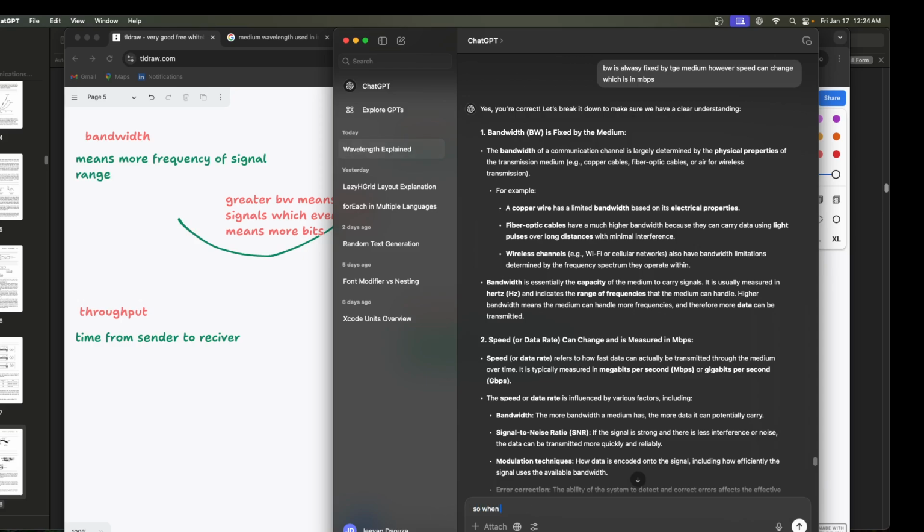So when we say slow speed, it is not a bandwidth issue, as bandwidth is fixed, medium dependent.